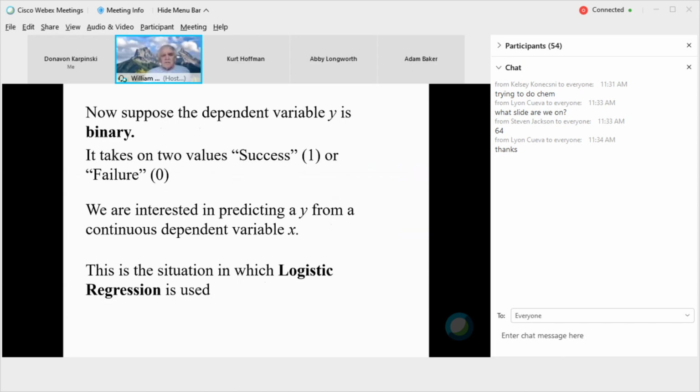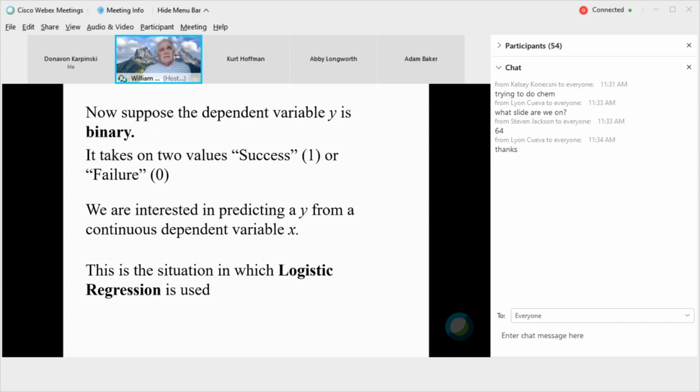Basically, this is where logistic regression comes in. The dependent variable is no longer a continuous variable, but it's categorical. In particular, it just has 2 categories. Where I've seen this used is in sports.